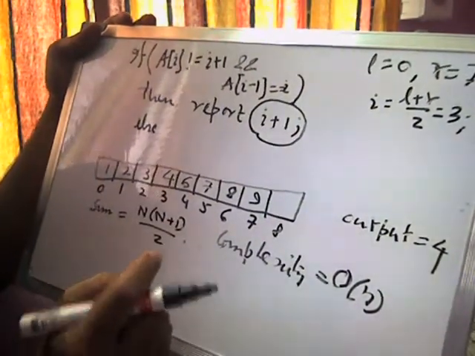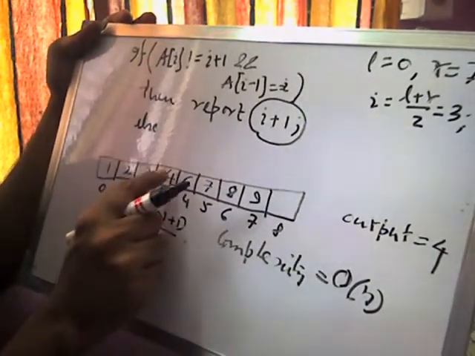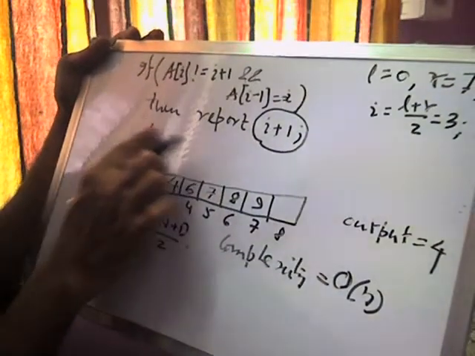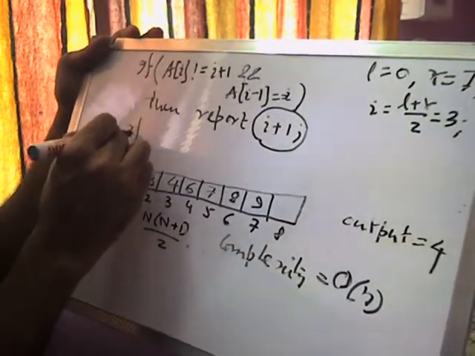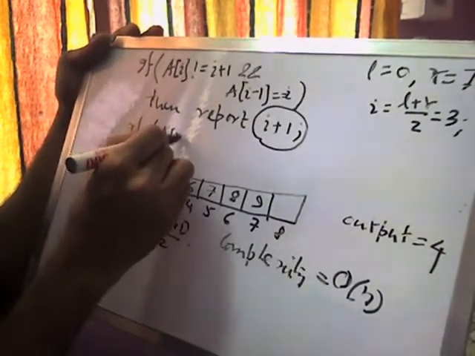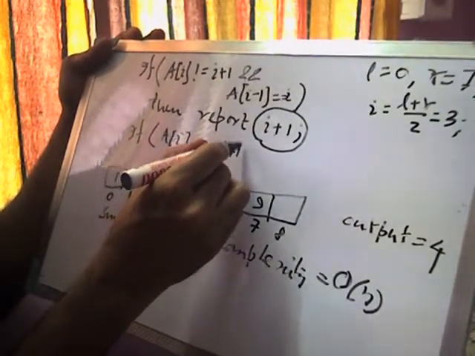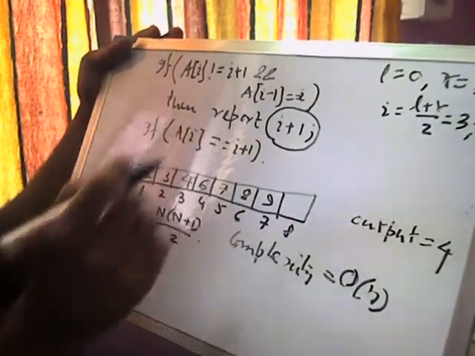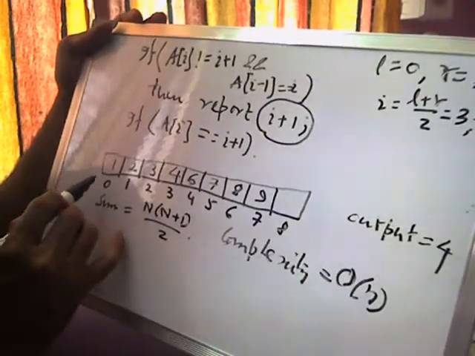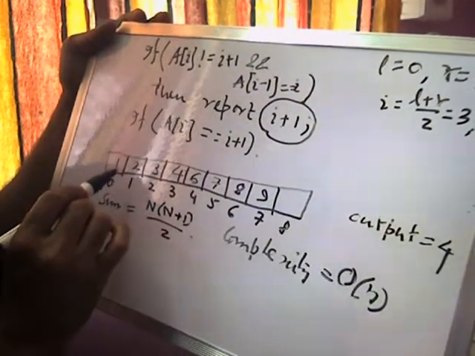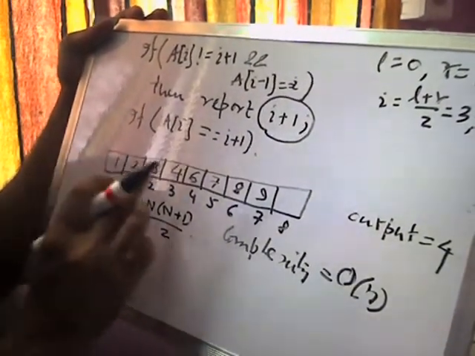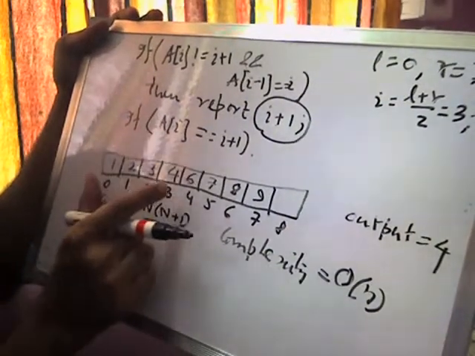What does it mean? That means if A[I] is equal to I plus 1, what does it mean? It means actually from the beginning till that very I position, there is no missing number, right?